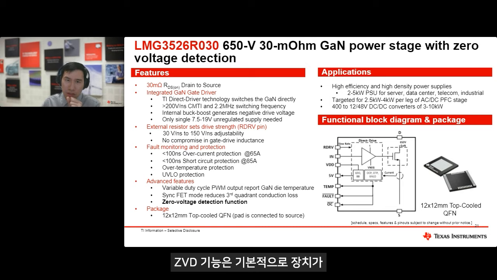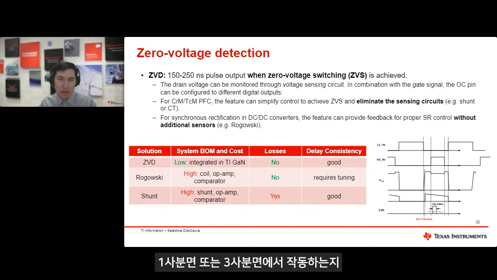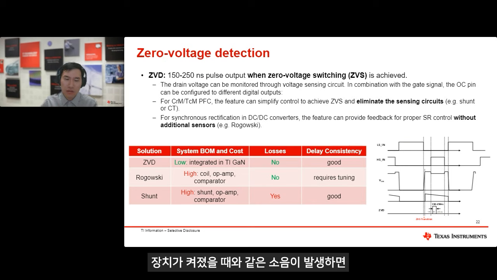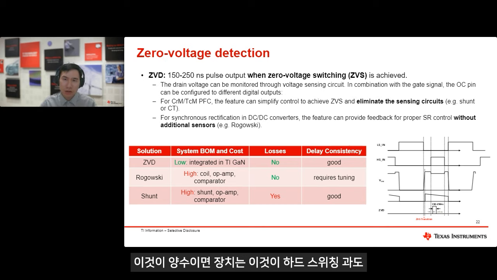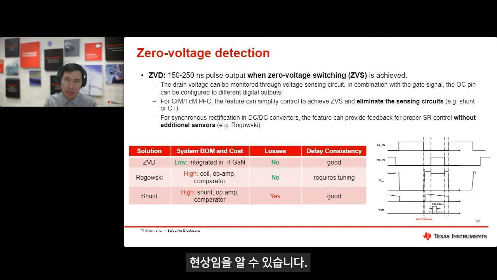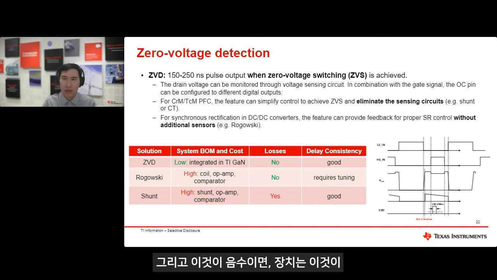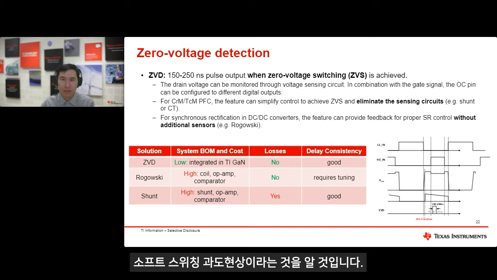ZVD function is basically, since in our device we have a sensor to monitor whether the device is operating in the first quadrant or third quadrant. The ZVD signal works when the device turns on: it will sense whether the VDS across the device is positive or negative. If this is positive, the device will know, okay, this is a hard switching transient. And if this is negative, the device will know, okay, this is a soft switching transient.